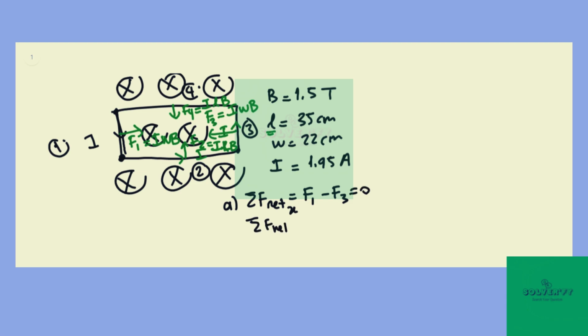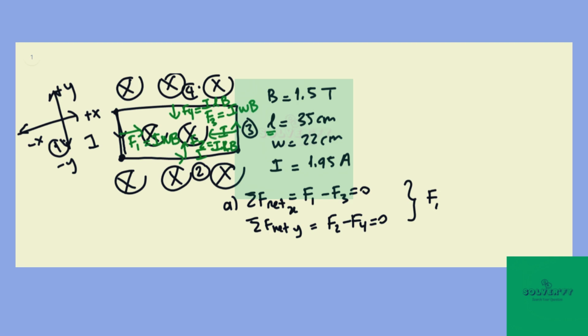And F net along the y direction, by the way, I'm using this convention: this is y, positive y, negative y, positive x, and negative x. So then F net along the y direction is going to be equal to F2 minus F4, which is 0 again. From here, the overall force acting on this loop has to be equal to 0 then.